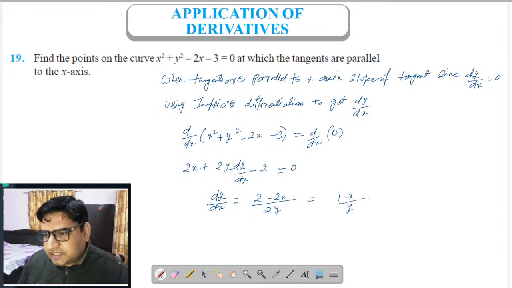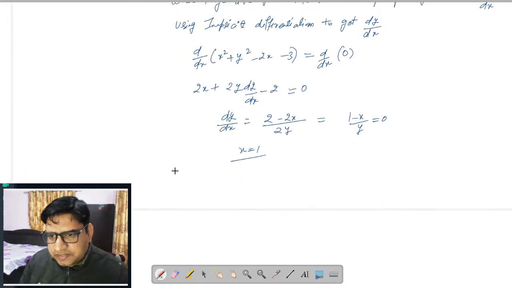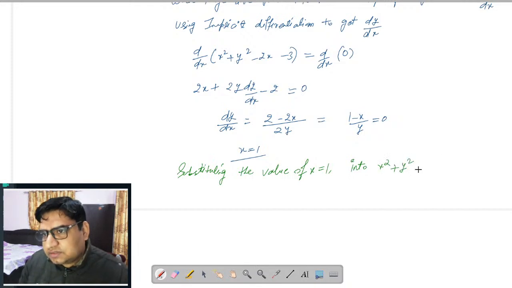And if it is 0, then x is equal to 1. And at x is equal to 1, y is how much? Let's see, substituting the value of x into the given equation, which is x square plus y square minus 2x minus 3 is equal to 0.